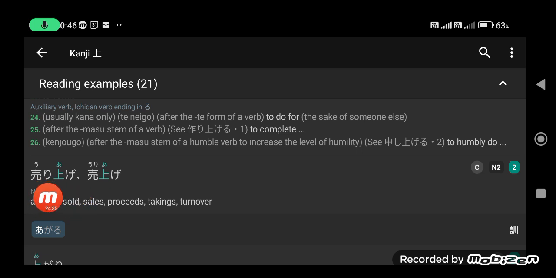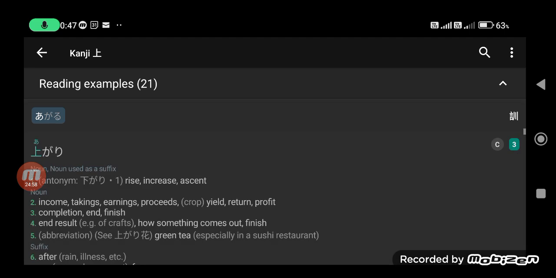This is an extracted stem for uru plus extracted stem of ageru. Uri age, kunyomi compounding. I have discussed this. The uri age will mean, it's a noun meaning amount sold, or sales, proceeds, takings, turnover.